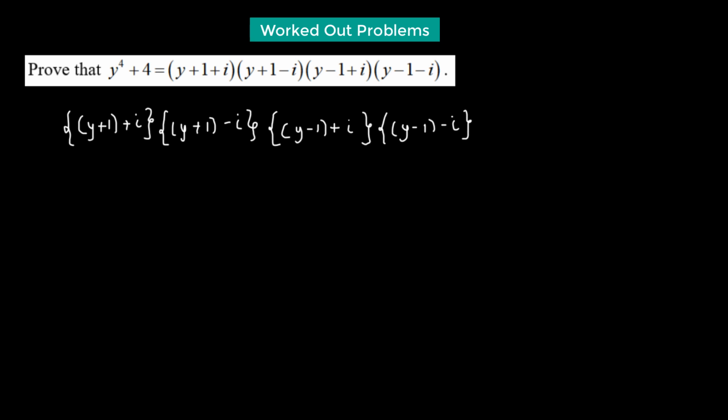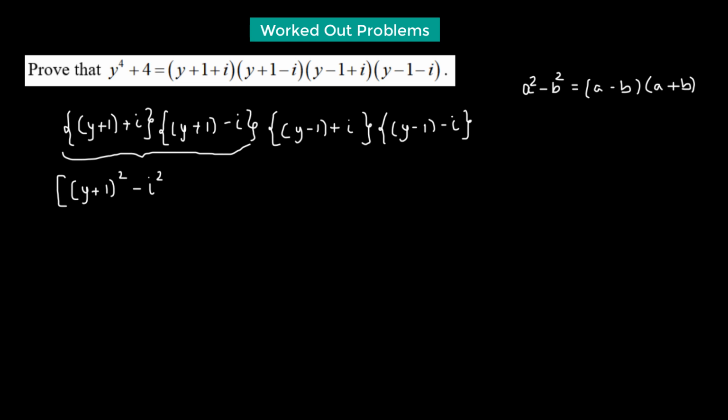Now here we're going to use the identity that a² - b² equals (a - b)(a + b). So we have (y + 1) whole squared minus i². This will be the combination of the first two terms, multiplied by (y - 1) whole squared minus i². So that is the combination of the last two terms.